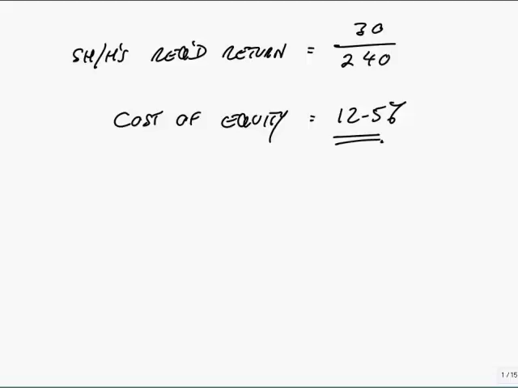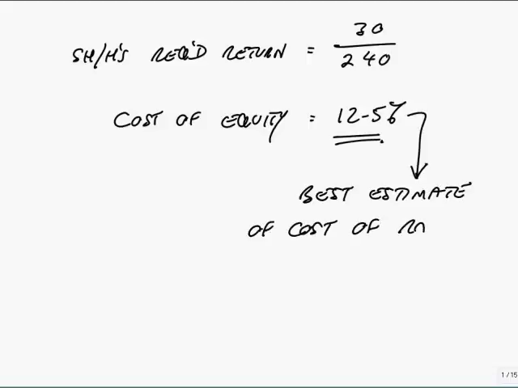You see my point? Now, it's something I won't need to keep repeating, but do be clear that that 12.5 is, for the moment, our best estimate of the cost of raising more money from shareholders.